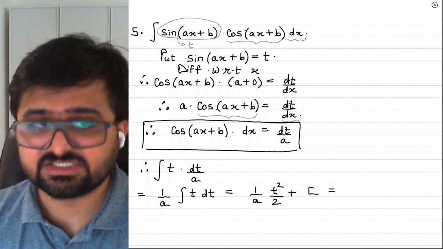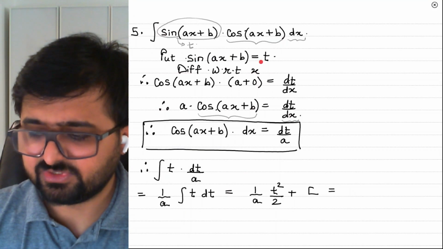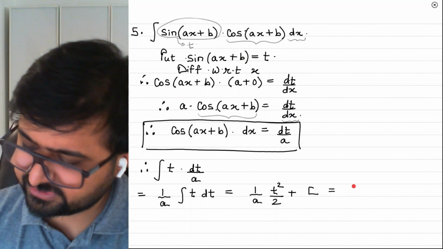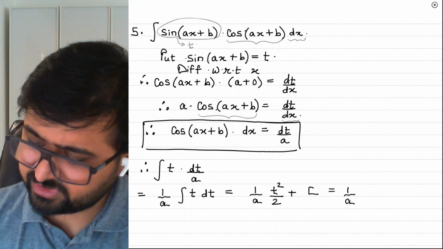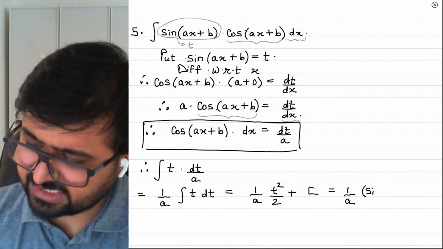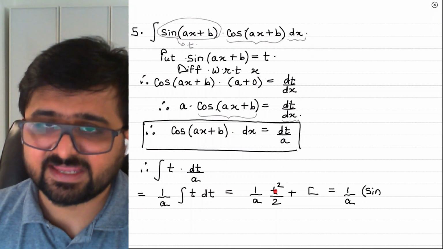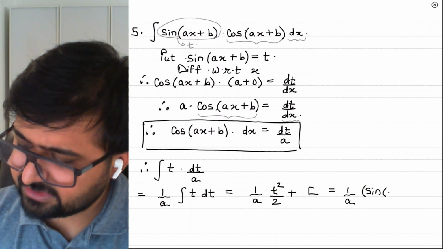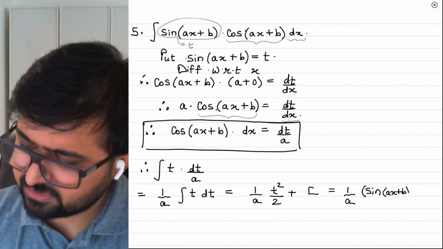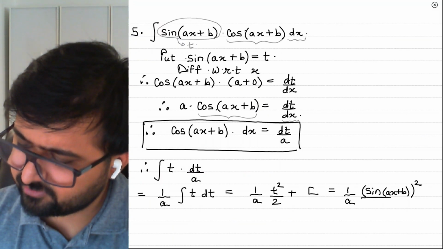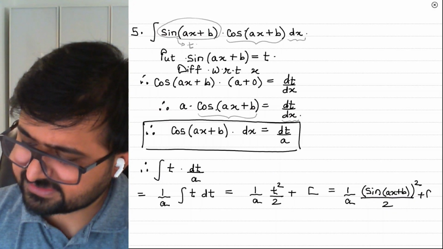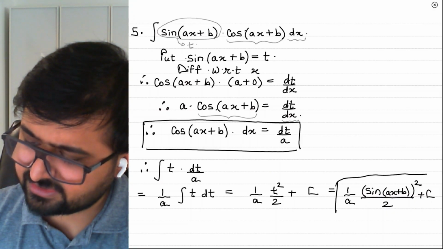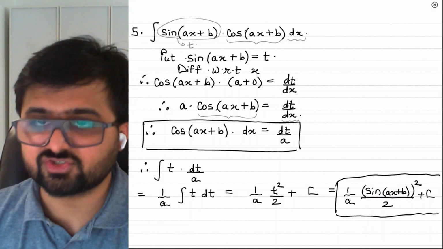The final answer should be in terms of x. We know t is sine ax plus b, so this becomes 1 over a times sine ax plus b squared divided by 2 plus c. That's your final result for integration.